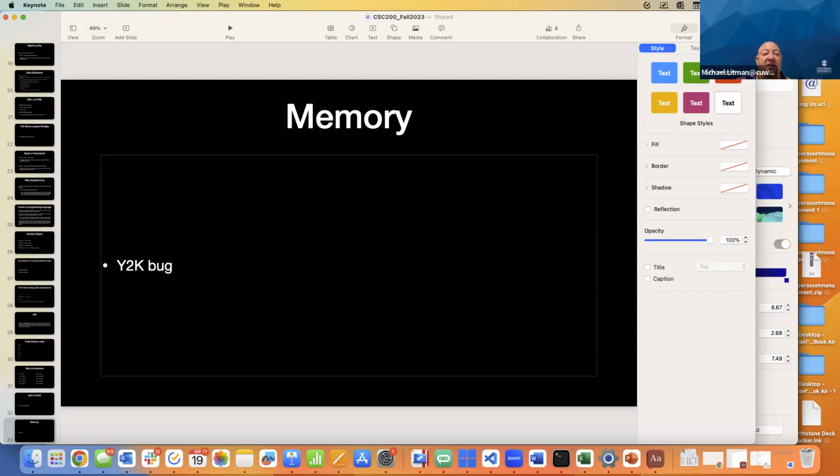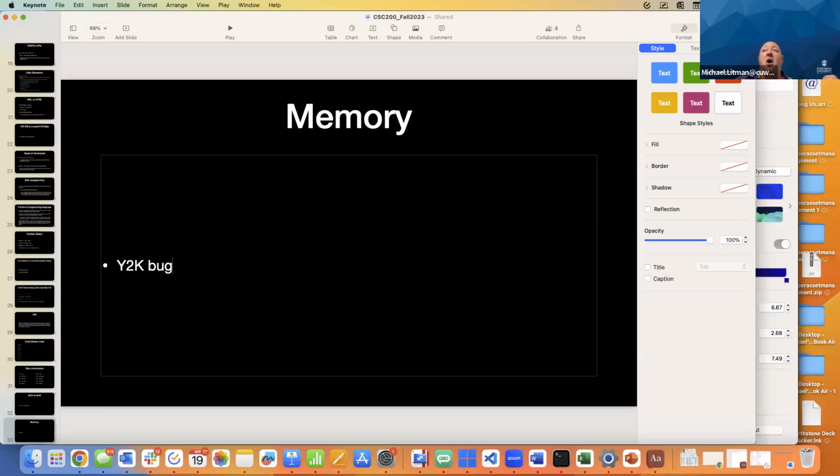I'm going to show you an example of that here in a second. Because of that, early software programs used a 2-digit representation of a year rather than a 4-digit representation, which means that the year 2000 is the same as the year 1900. Make sense? In a 2-digit representation.